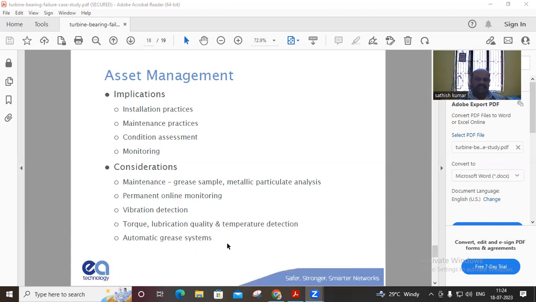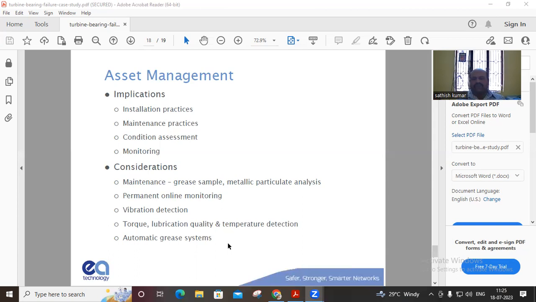We have seen the pictures, and finally we have concluded that these are happening due to a lot of things not being followed properly, and suggestions are given in the last part, like you have to go for metallic particulate analysis and permanent online monitoring, like automatic greasing systems. This will help the smooth functioning of the bearing, and it will improve the efficiency of electricity generation.